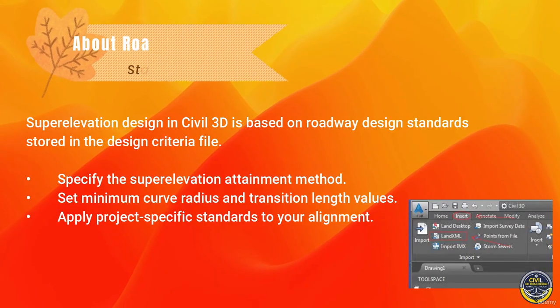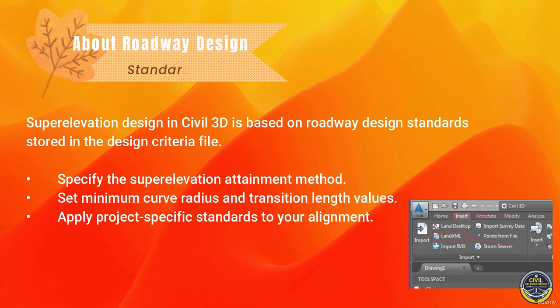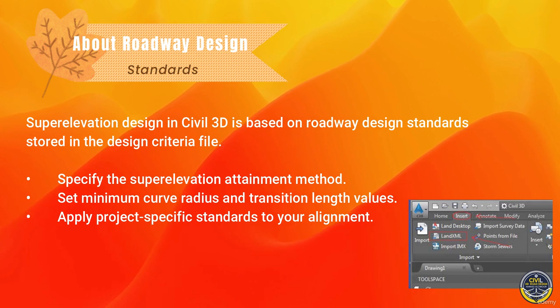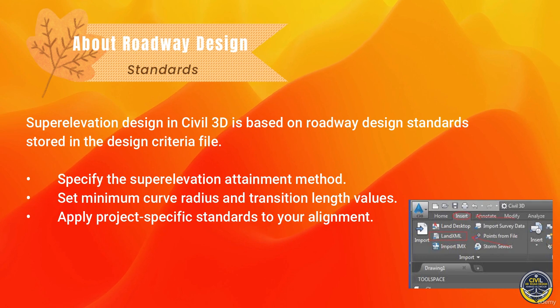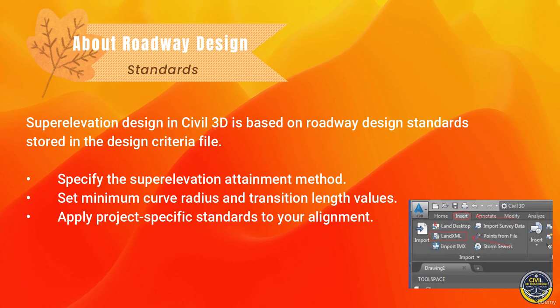About roadway design standards. Superelevation design in Civil 3D is based on roadway design standards stored in the design criteria file. These standards include minimum curve radius, transition length, and superelevation attainment methods. Using the superelevation wizard, you can specify the superelevation attainment method to set minimum curve radius and transition length values and apply project-specific standards to your alignment.